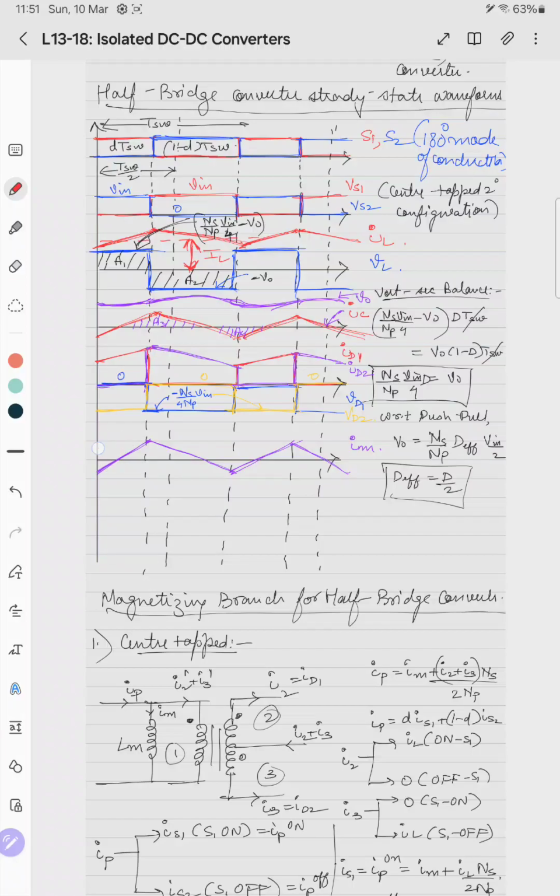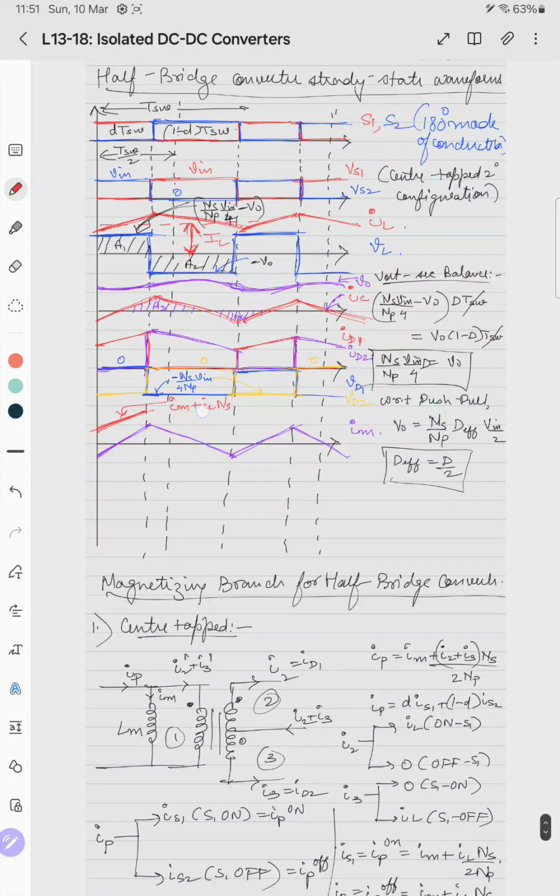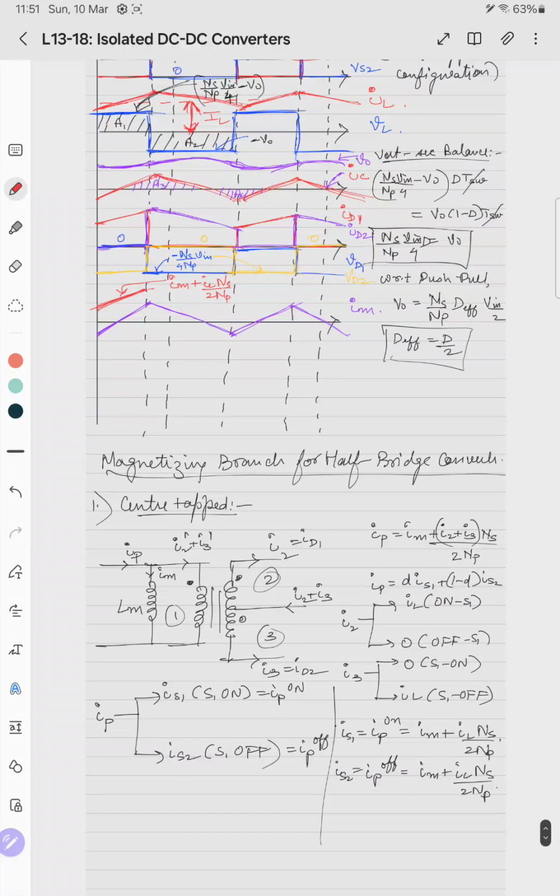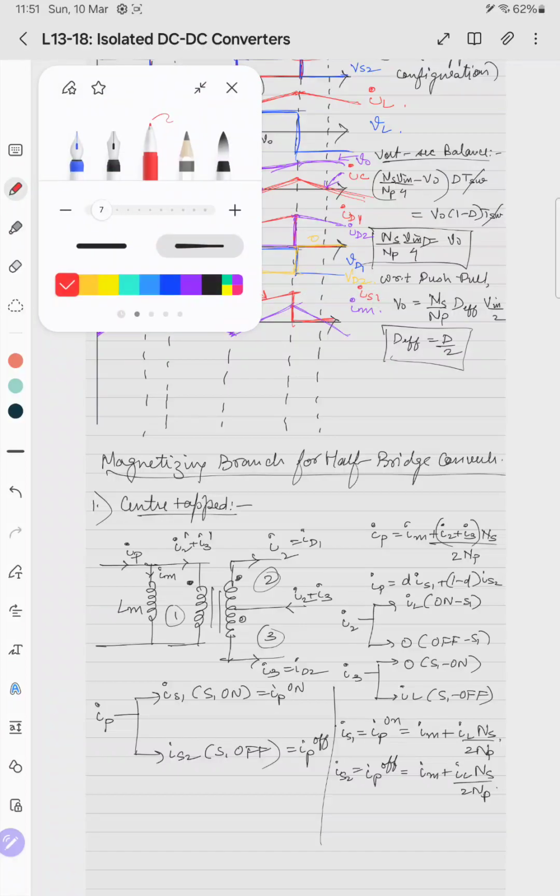This is somewhat like this, I'll draw, where this slope is Im plus IL into Ns by 2Np, and in the other case it is 0. This is IS1.